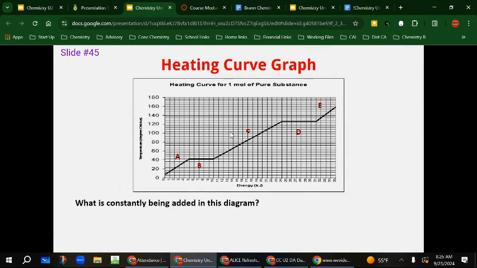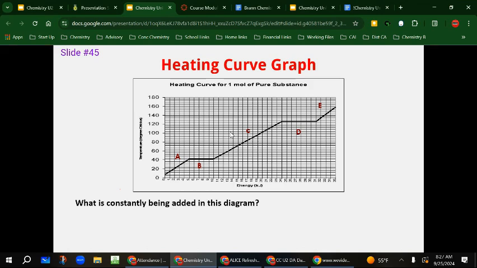Now, in this area here, what's happening to the solid? When you're adding heat to the solid, what is actually happening to it? Which causes the what to increase?